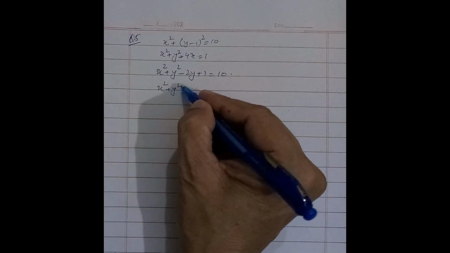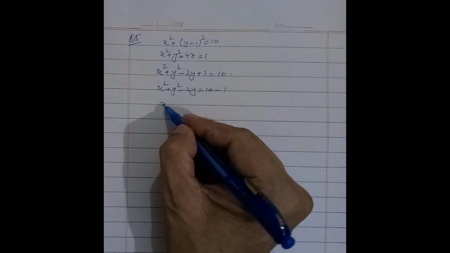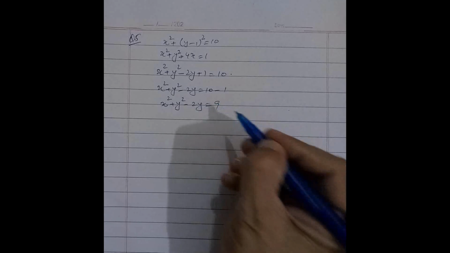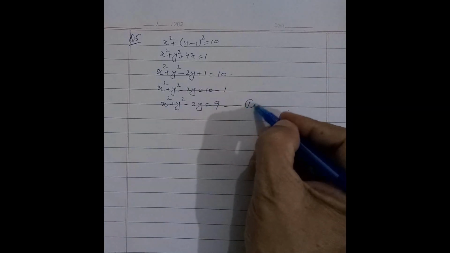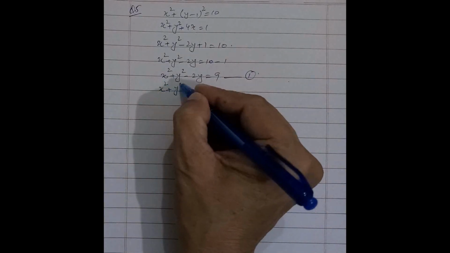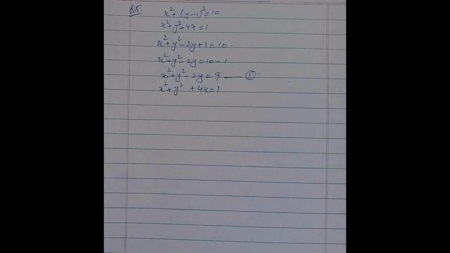X square plus y square minus 2y is equal to 10 minus 1, so x square plus y square minus 2y is equal to 9, and you can call it equation 1. And the other equation is x square plus y square plus 4x is equal to 1.